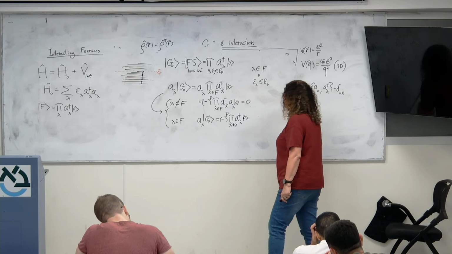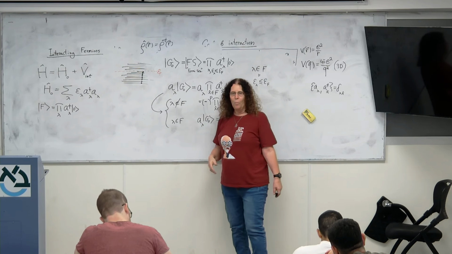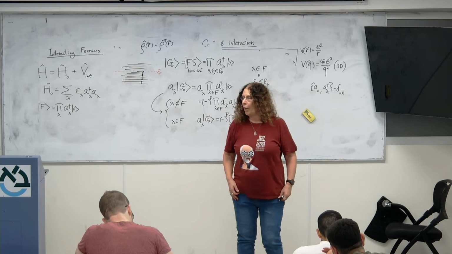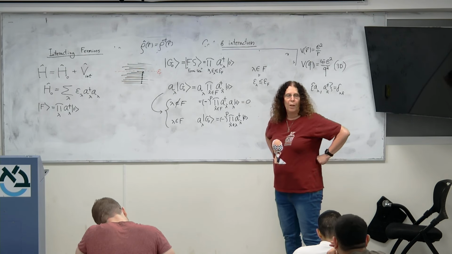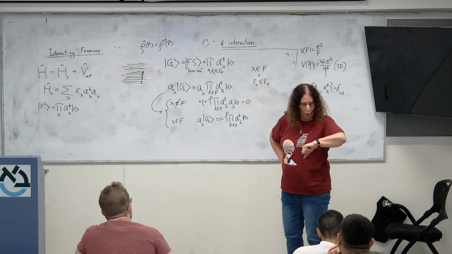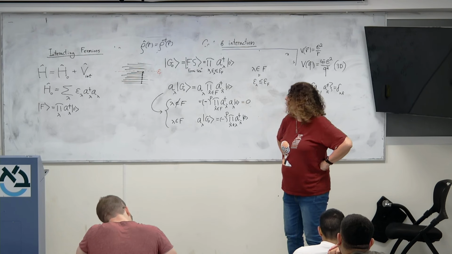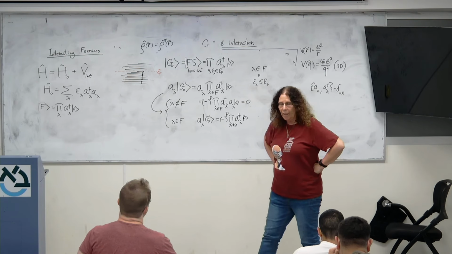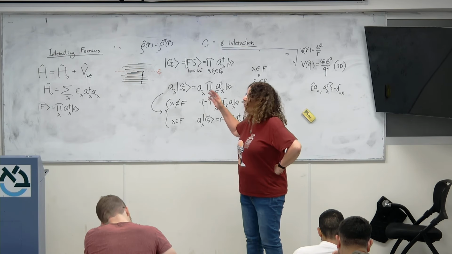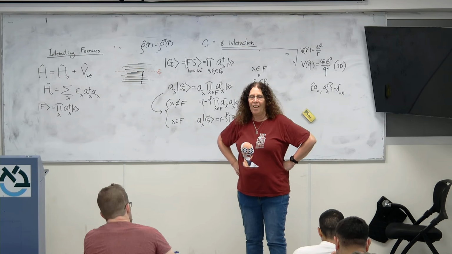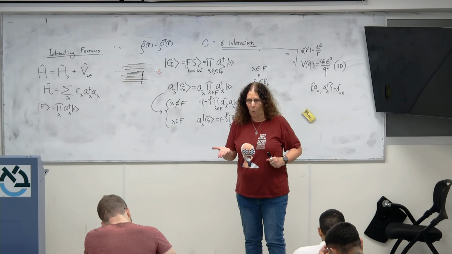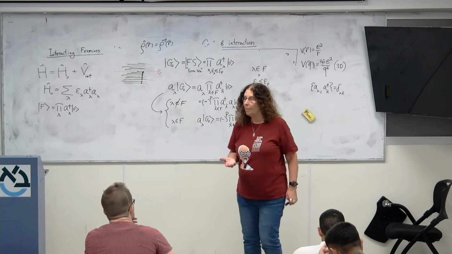However, I can now show you that there's another operator that annihilates G naught. What is it going to be? If I try now to create an electron, a fermion, in a state that is already occupied, what do I get? 0, right?